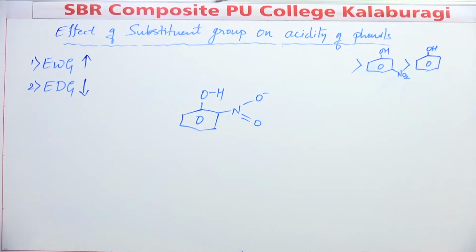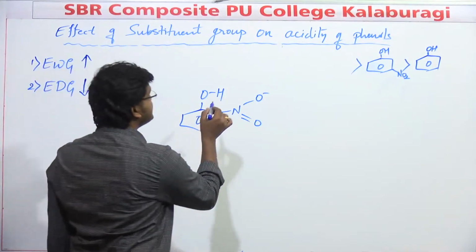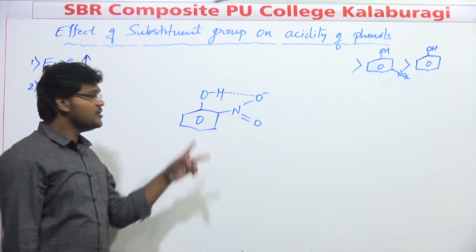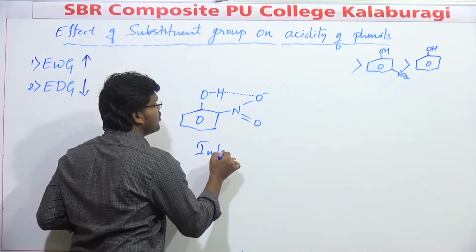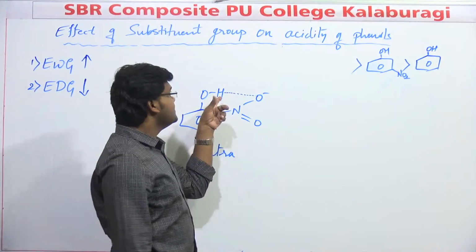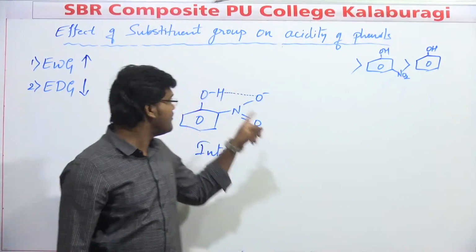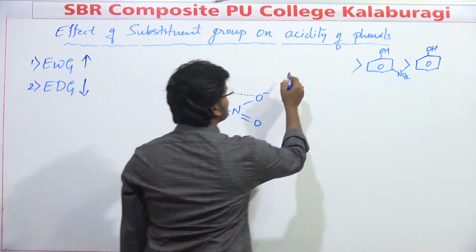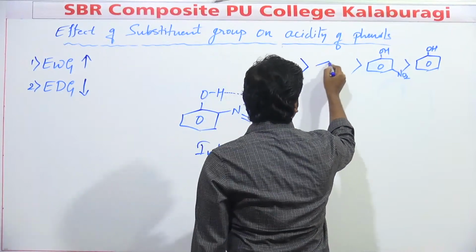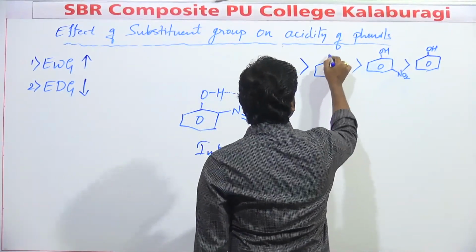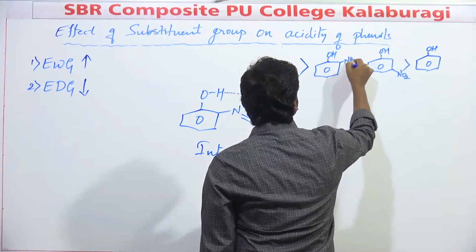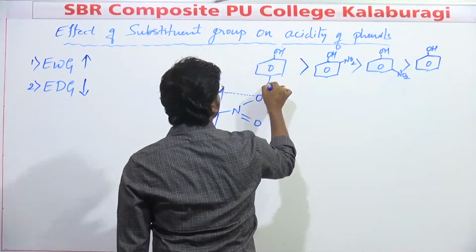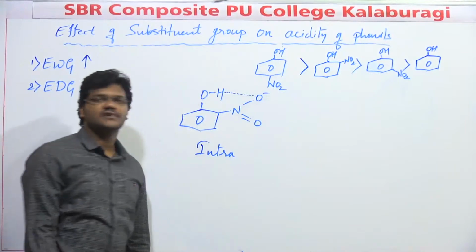If intramolecular hydrogen bonding takes place, then this hydrogen will become busy and is not available for donation. So that is why orthonitrophenol is less acidic compared to paranitrophenol.